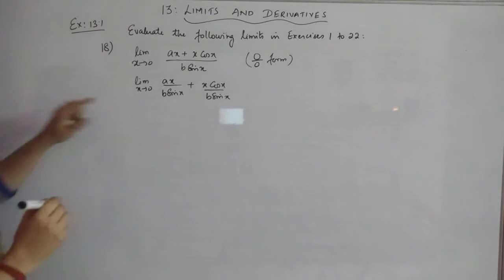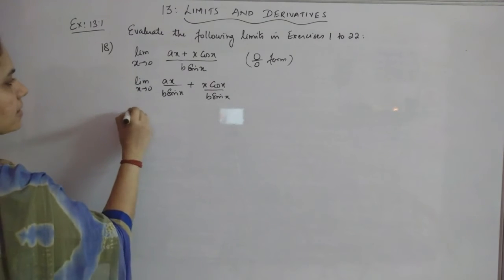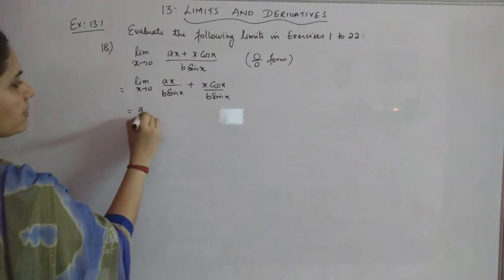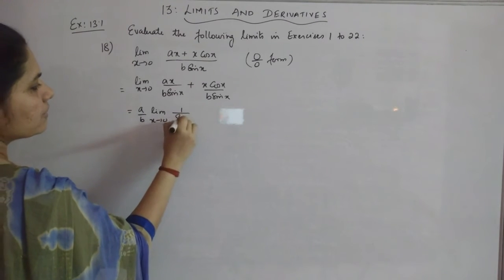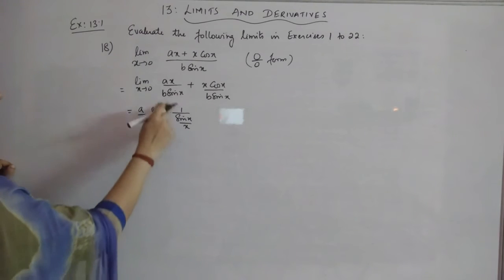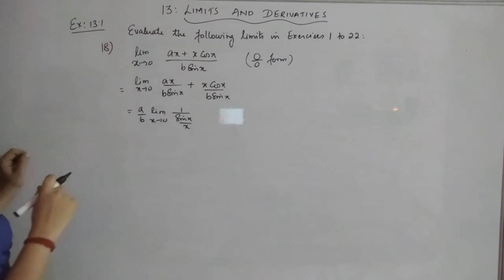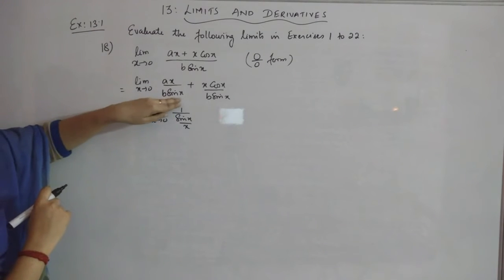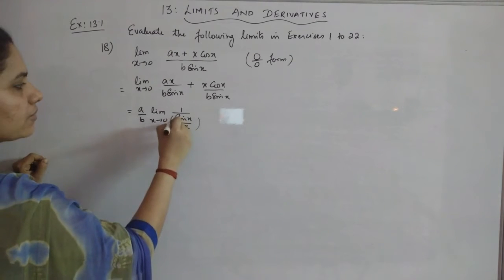Now a by b is a constant, so I can rewrite this as a by b, taking out the limit as x tends to 0. This will become 1 by sin x by x, correct? So the denominator will act as the numerator. I have written it in the denominator of sin x so that you can just apply the limit to this one.